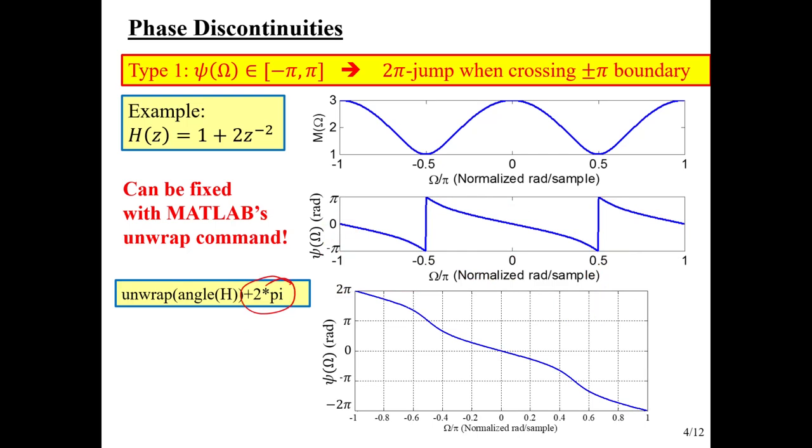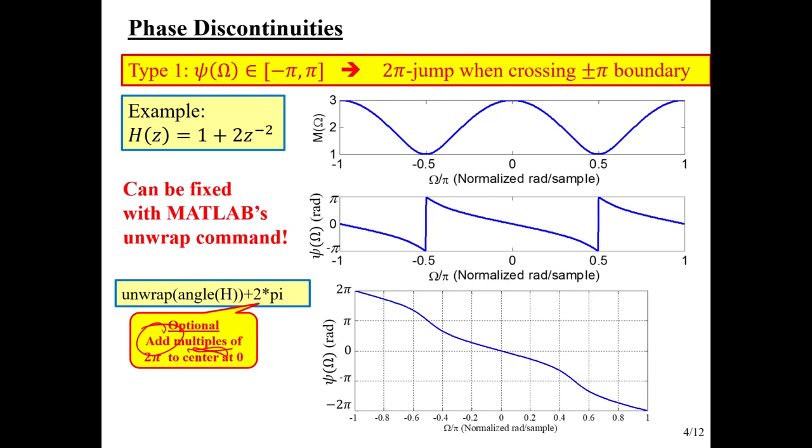Now, if it turned out that center point at omega equal to 0 turned out to be up 2 pi or down 4 pi, I would adjust what I add here. But it would always be some integer multiple of 2 pi. So that's what I say there. An optional thing, you don't always have to do this, but it's nice, is you add multiples of 2 pi. Those multiples could be negative multiples, right?